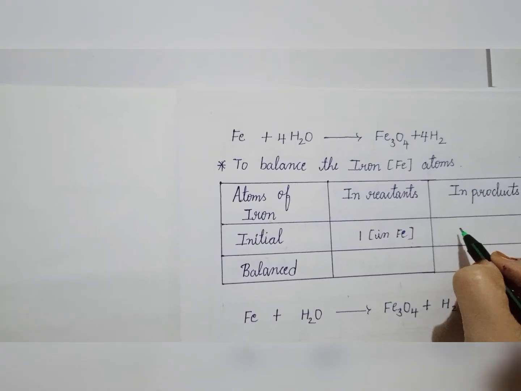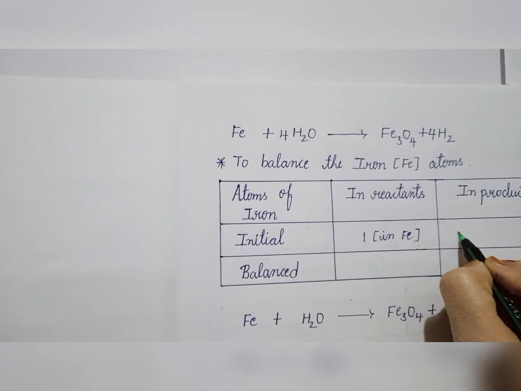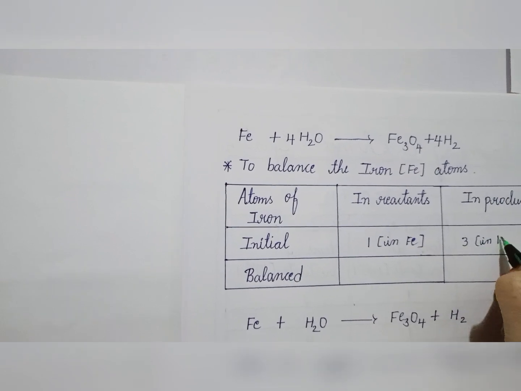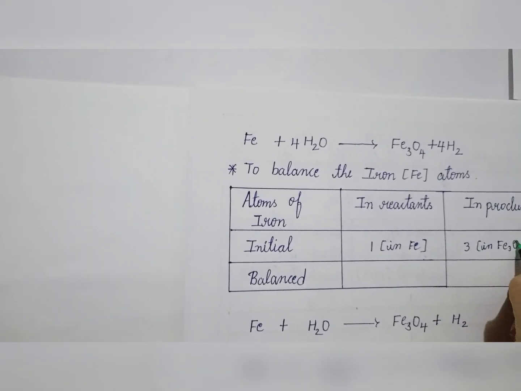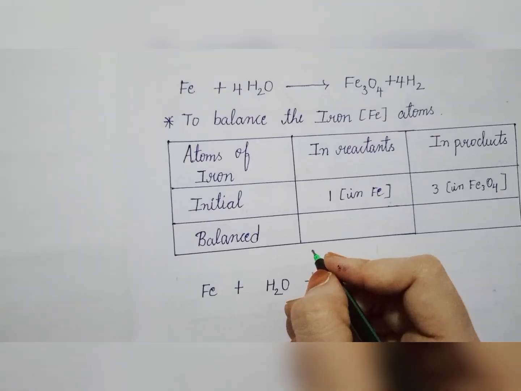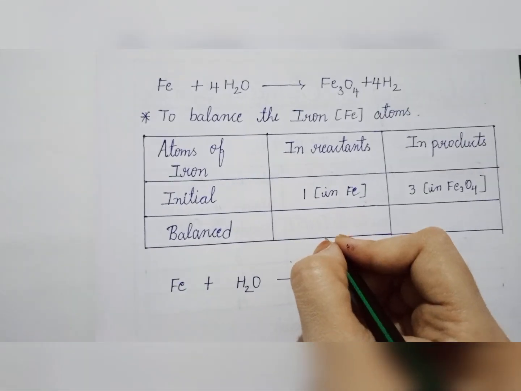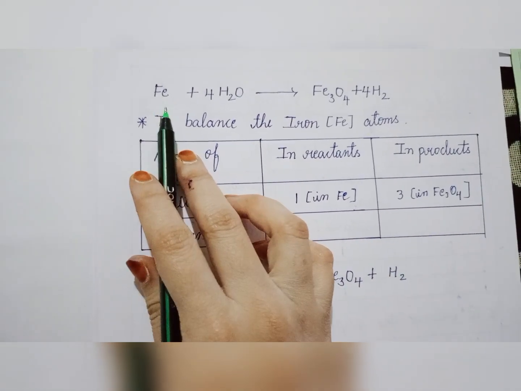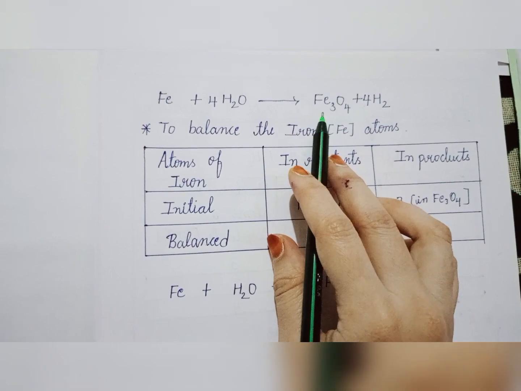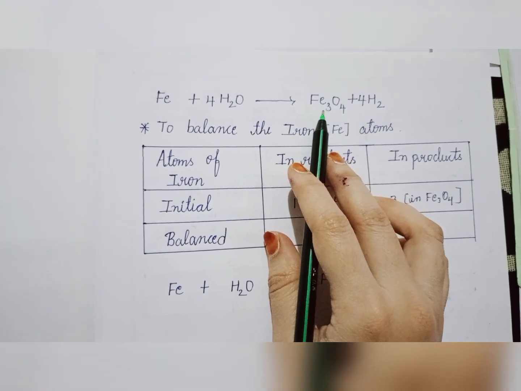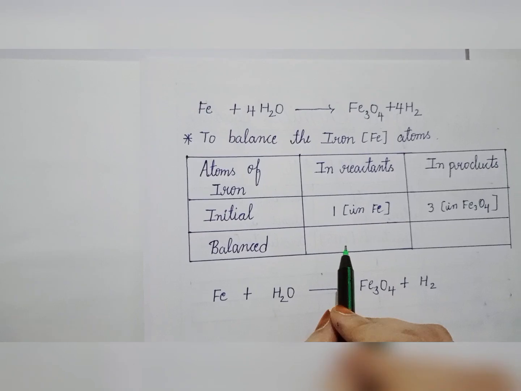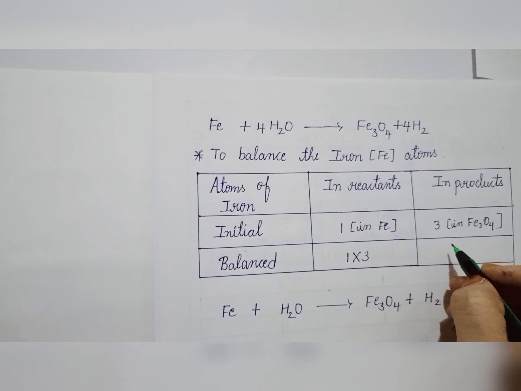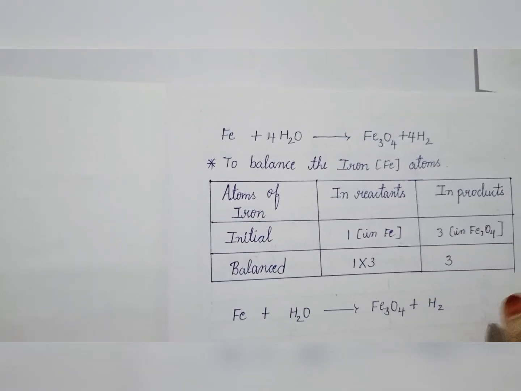In the product side, 3 iron atoms are present in Fe3O4. Now we have to balance the iron atoms. In the reactant side only one iron atom is there, but in the product side 3 iron atoms are there. So we have to balance in the reactant side. How we balance: 1 into 3, 3. Here we keep 3 as it is.